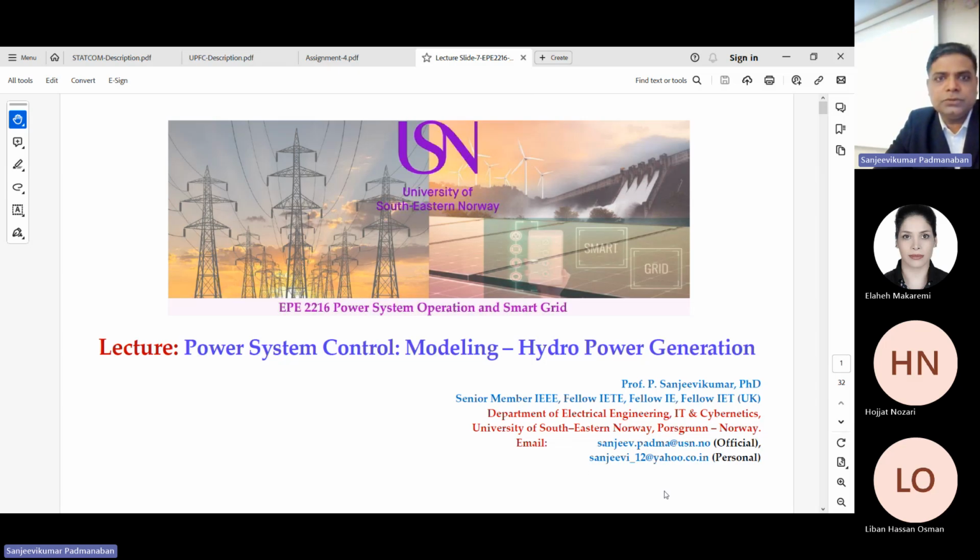Today we are going to discuss the last part of our power system operation and control. And today I'm not going to give you more problems, only some mathematical models which you can directly implement in MATLAB or other software you are familiar with. MATLAB is the easiest way of implementing these complex equations.